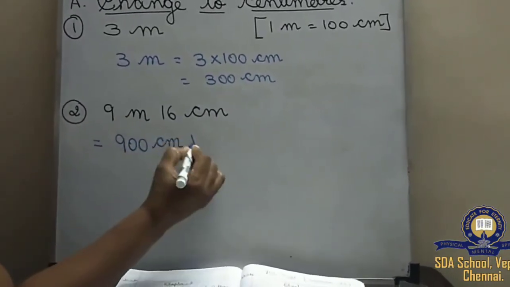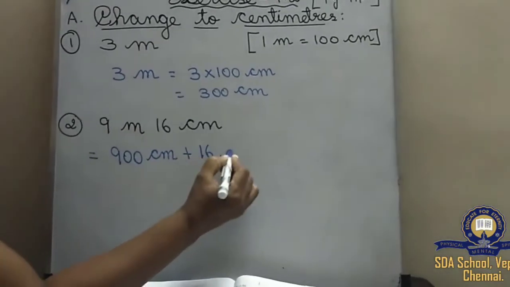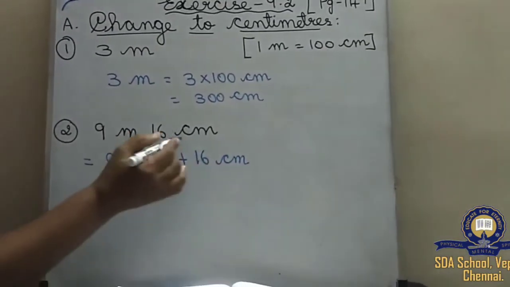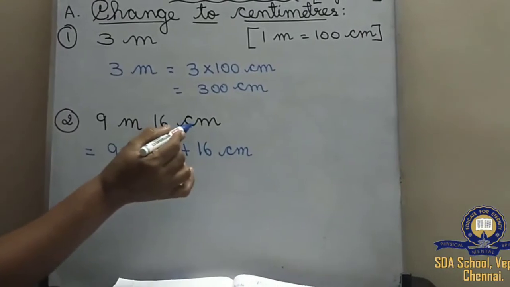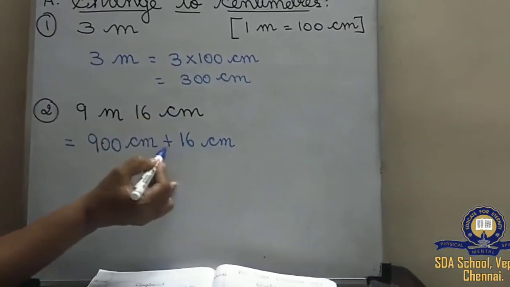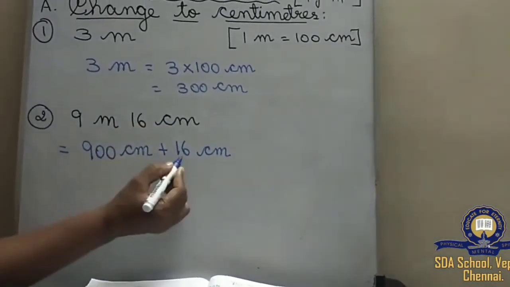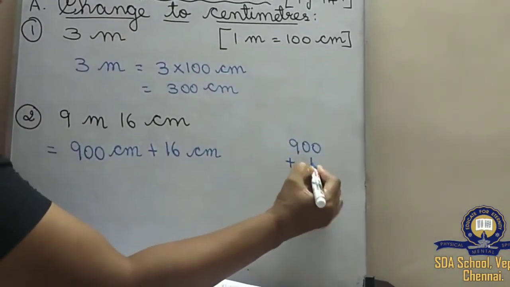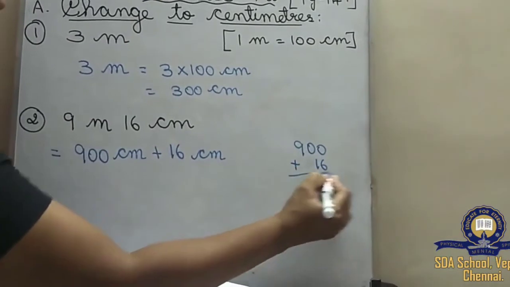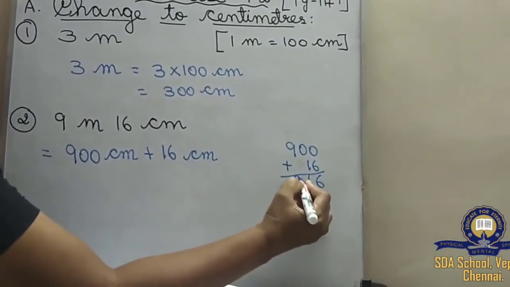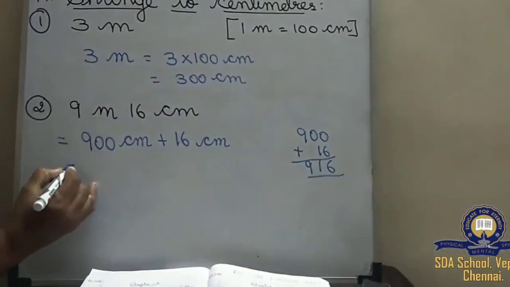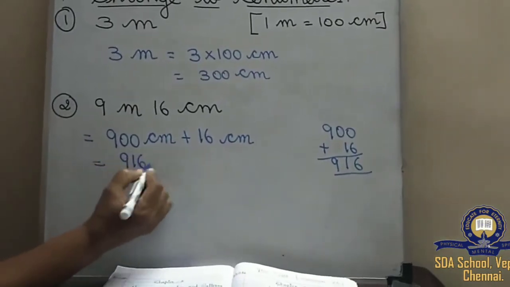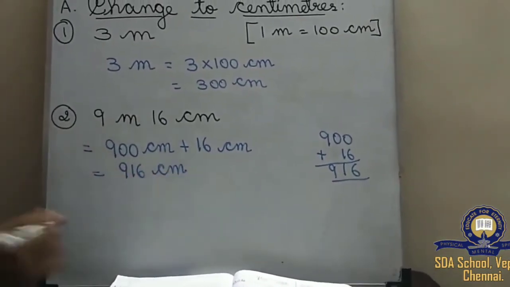And then this one, you have to write as it is, because it's already in centimeter only. So you have to add this one. So 900 plus 16, what will come? Don't write 16 here, then it will be wrong. Okay, children. So what will the answer be? 916 centimeter.